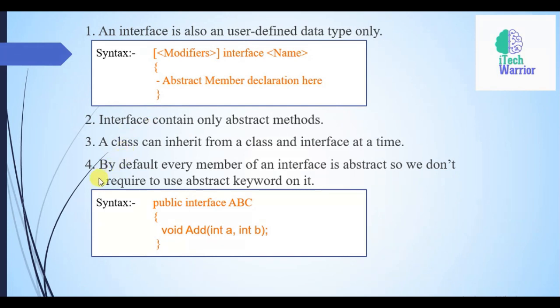Fourth point is by default every member of an interface is abstract, so we do not require to use the abstract keyword on it. All the members under the interface are abstract, so we don't require the abstract keyword under the interface like in an abstract class.